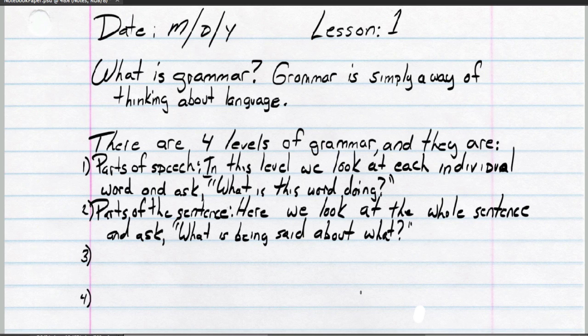In level 2, parts of the sentence, we look at the whole sentence and ask, what is being said about what? It's different than level 1 where we look at each individual word.